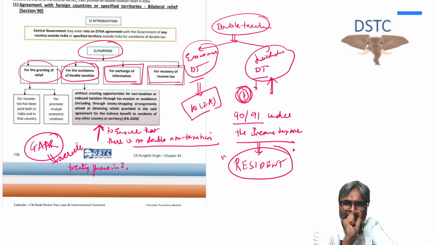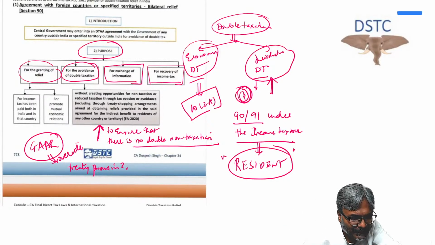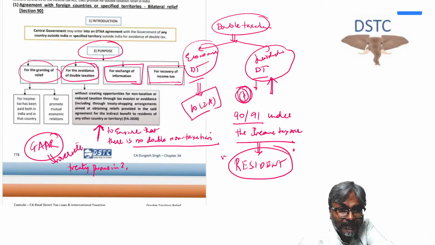The remedy to avoid economic double taxation is available in the Income Tax Act, in the form of exemption. So you can write Section 10(2)(a) exemption, where the share of profit received from the partnership firm is exempt.